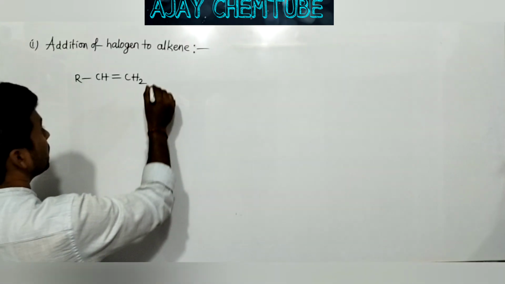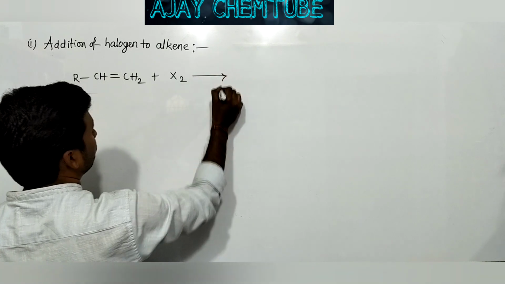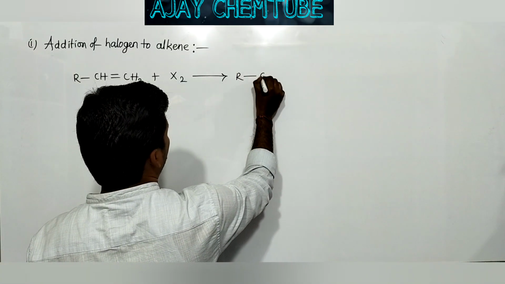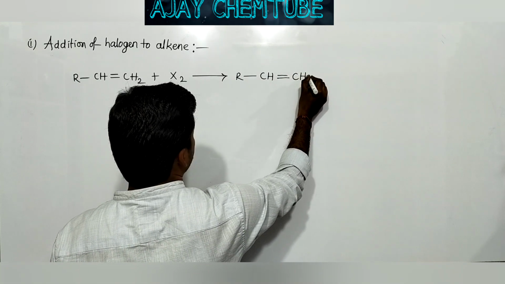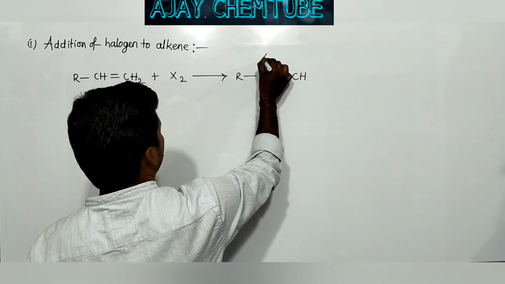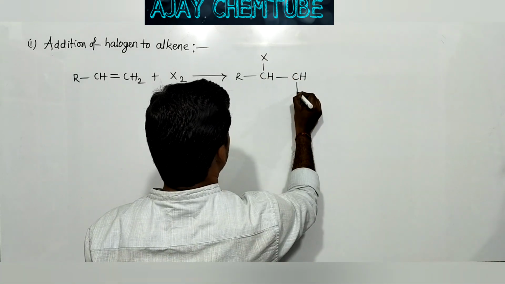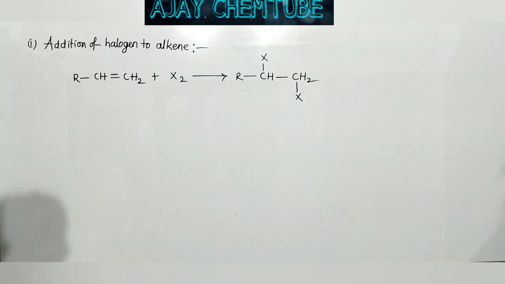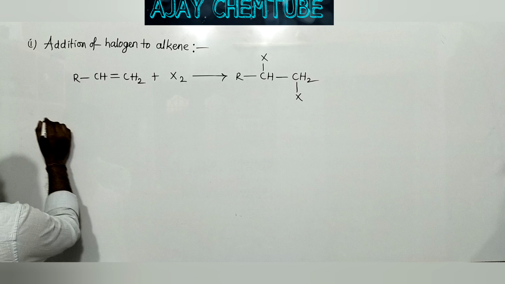Bromine, addition of halogen here, X2 gives rise to RCH double bond CH, X added to one carbon. This double bond becomes single bond, and X is added to the other carbon. That means addition of halogen is anti-addition.